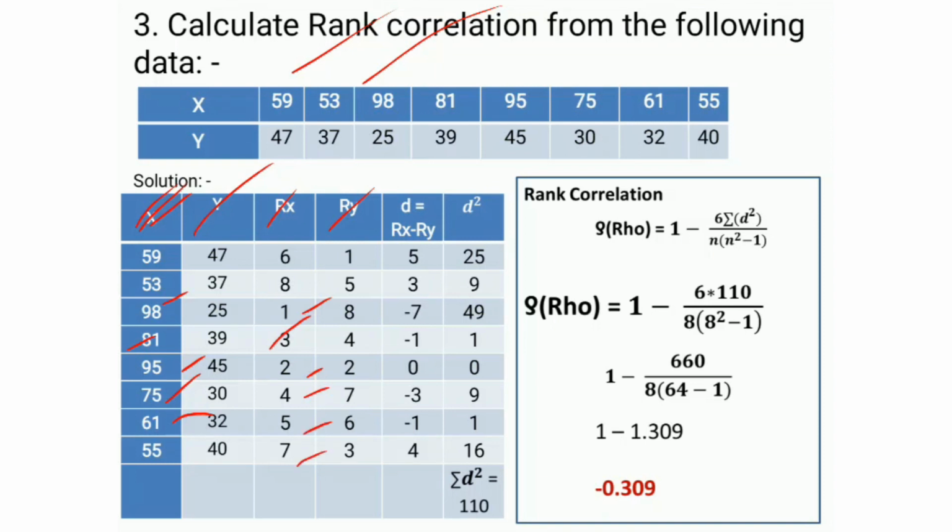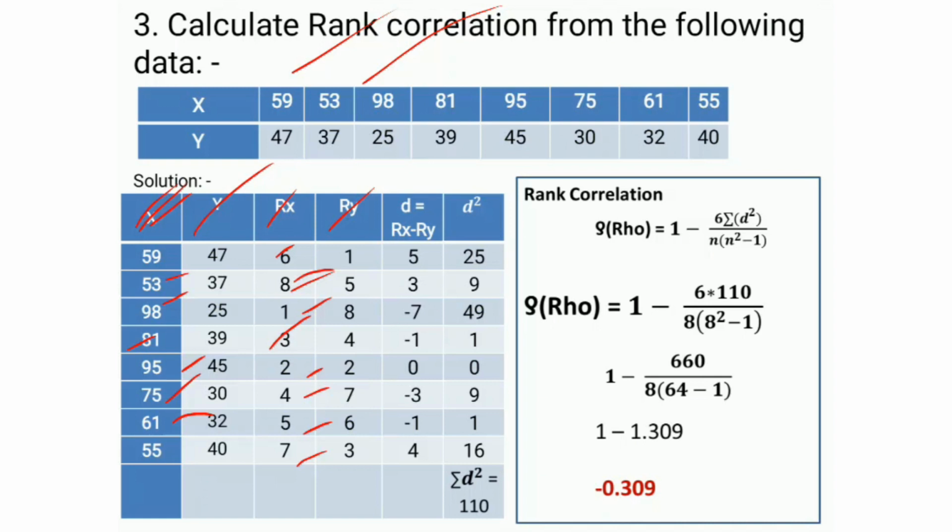Then sixth, seventh and eighth ranks. The ranking is given based on the weightage of the value: the highest value gets the first rank and the least value gets the last rank.